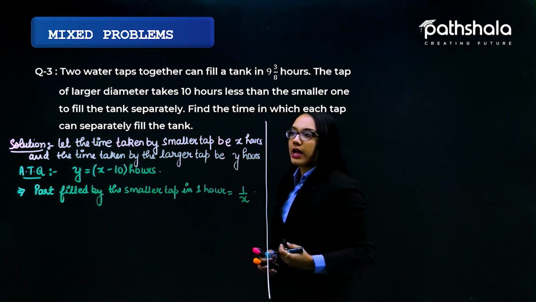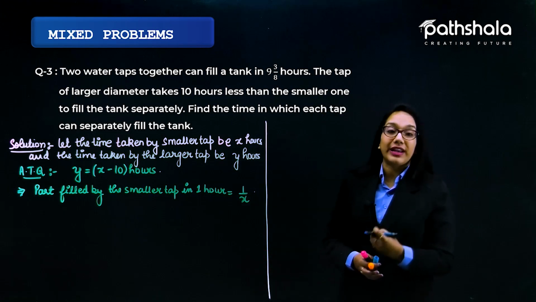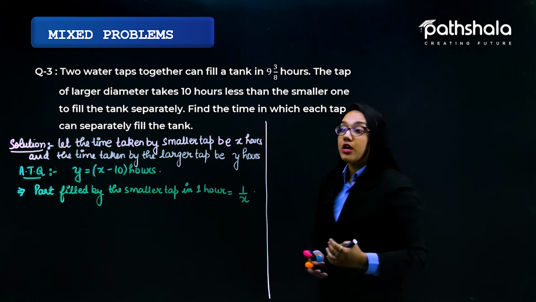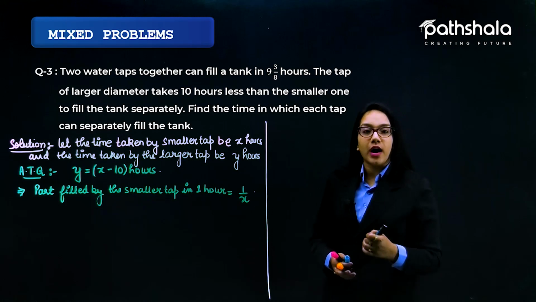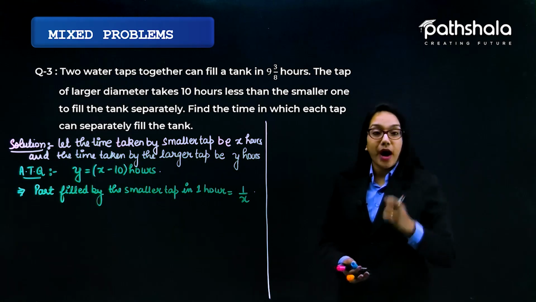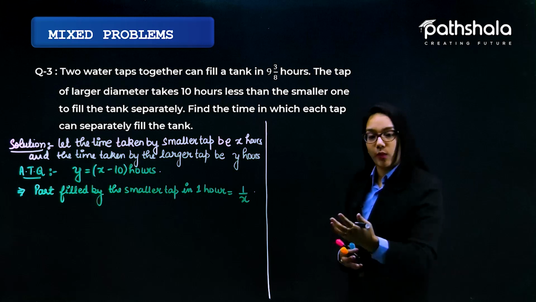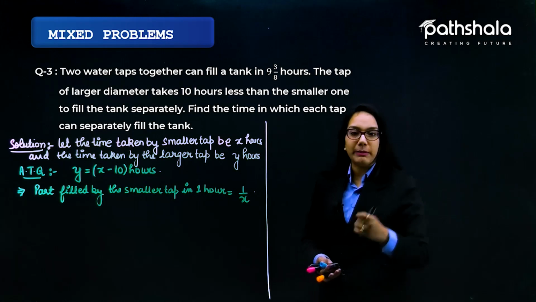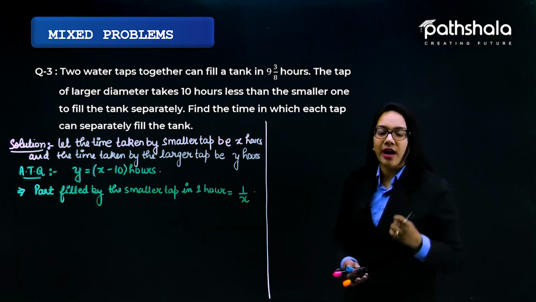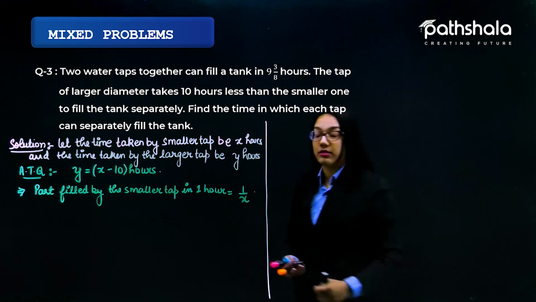Why so? Because we know the time taken by the smaller tap to fill a tank was x hours. So if we talk about its 1 hour efficiency of filling a part of the tank, this would be 1 by x. So the part filled by the smaller tap in 1 hour is 1 by x.